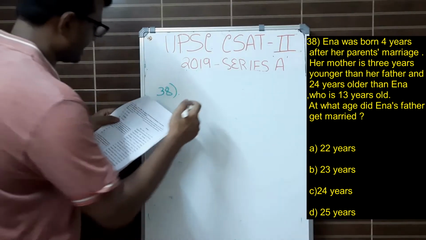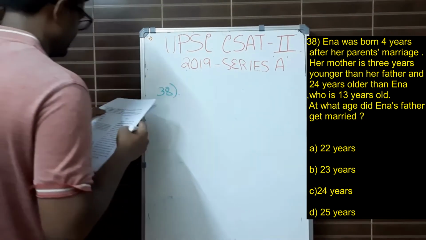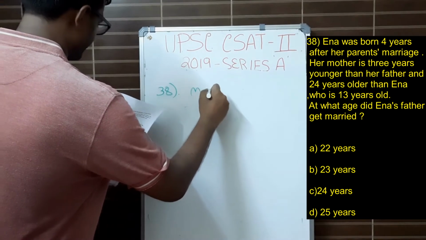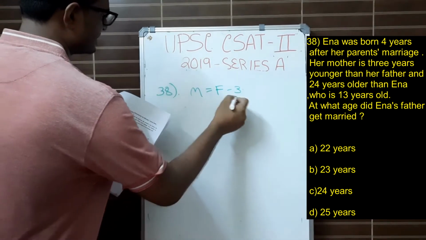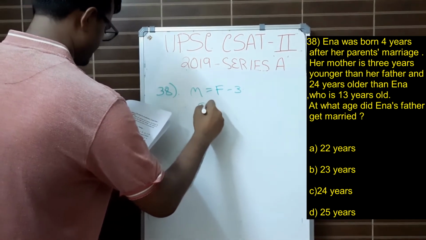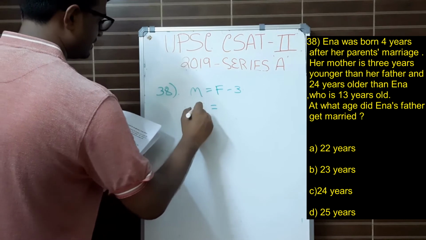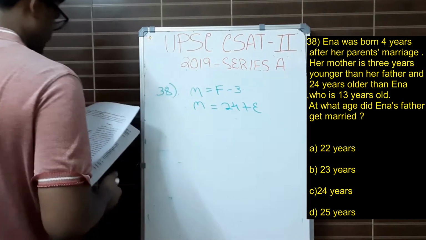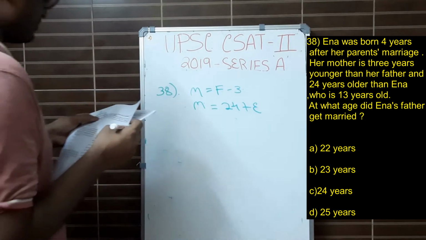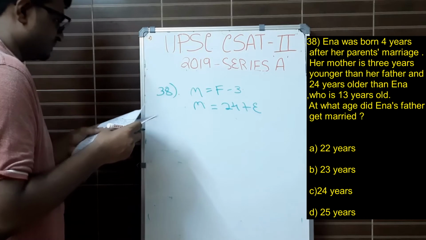In question number 38, Anna was born 4 years after her parents' marriage. Her mother is 3 years younger than her father and 24 years older than Anna. Anna was born 4 years after her parents' marriage.